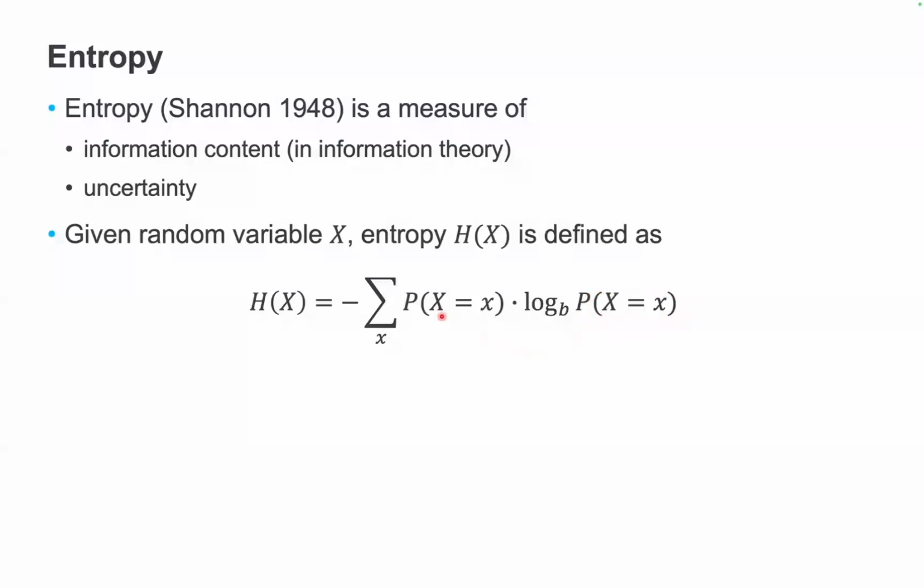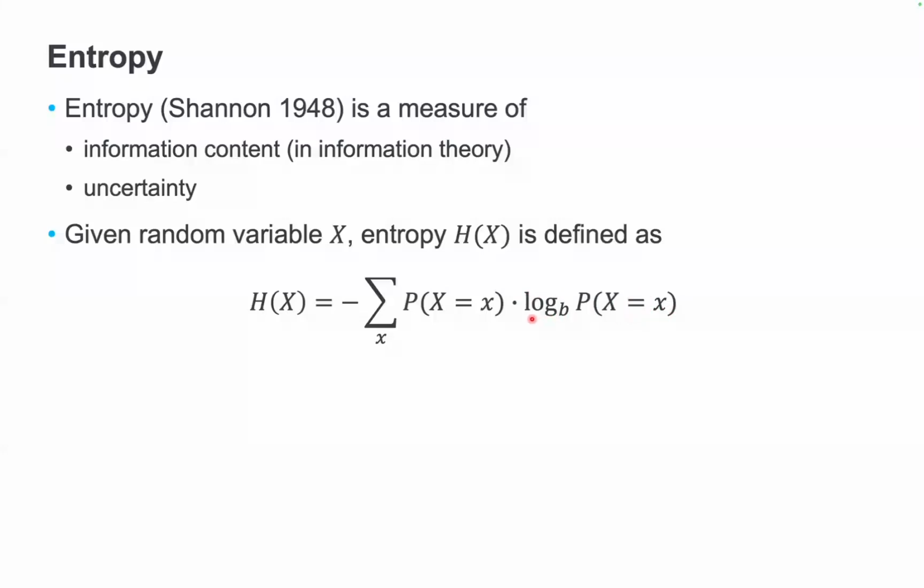So basically, each information content is described as the logarithm of the probability of its appearance. So something that appears infrequently has more information content than something that appears very frequently.